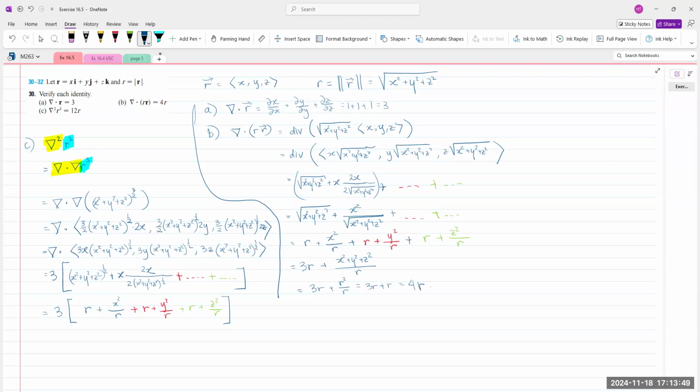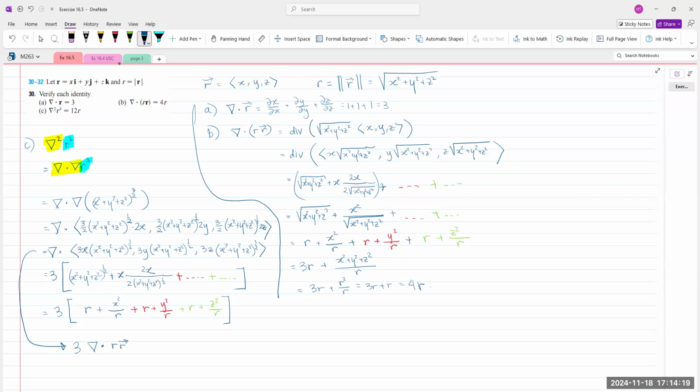If you think about it, this is basically, hold on, I feel like we did it before. Don't you think so? Well, anyway, I just realized that too. This is basically the same as 3 times the divergence of this, which is r.